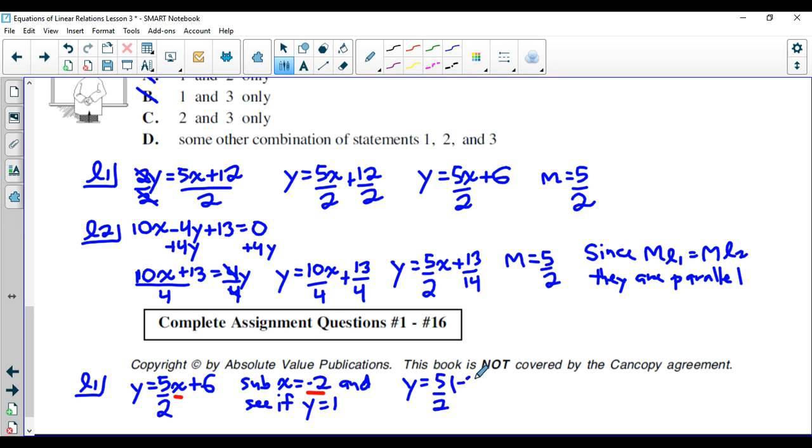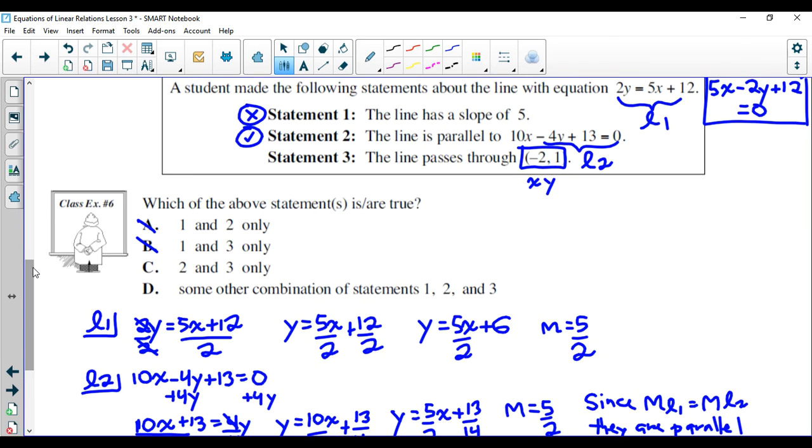So y would be equal to 5 over 2 multiplied by -2, and then we're going to add 6. This would be equal to 5 times -2 is -10, divided by 2 plus 6. And then -10 divided by 2 would be -5 plus 6. And then -5 plus 6 is equal to +1.